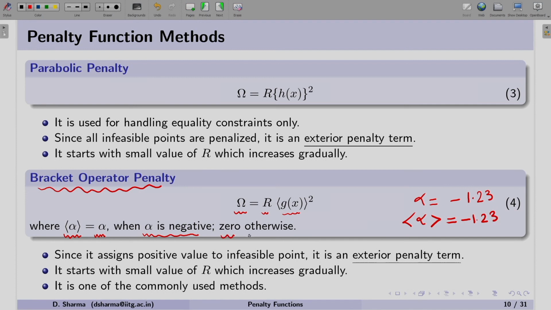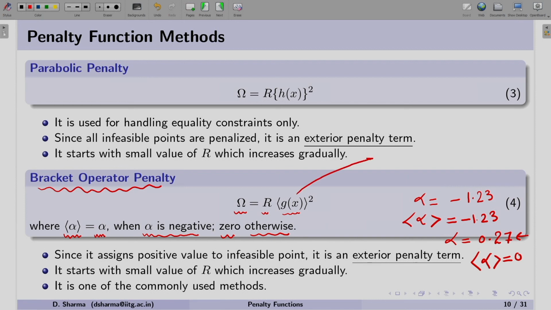Otherwise it is 0, meaning that if we take, say, alpha equal to 0.27 and find the bracket of alpha, then it is going to be 0 because it is a positive value. So this particular bracket operator is complying with our representation.